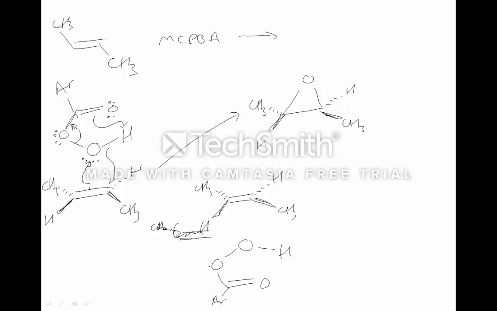That's an AR down there. What happens here? Attacks the oxygen. These electrons are moving. And now that's going to go back over there and attack that carbon. Okay, so the pi electrons are attacking the oxygen, and then this oxygen-hydrogen bond is attacking that carbon. Same mechanism, but you get a different product.